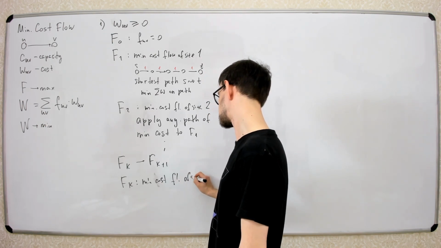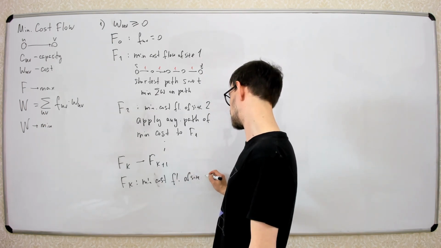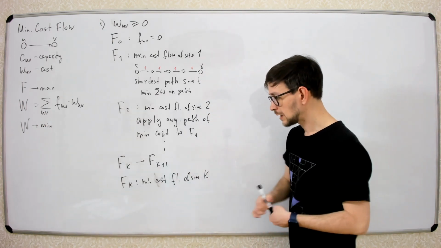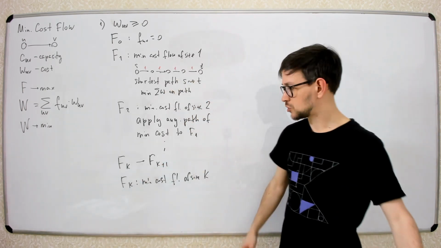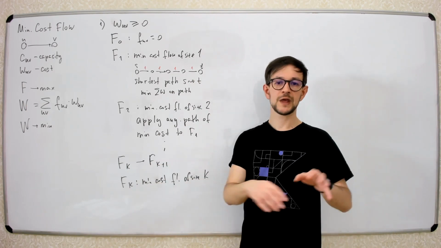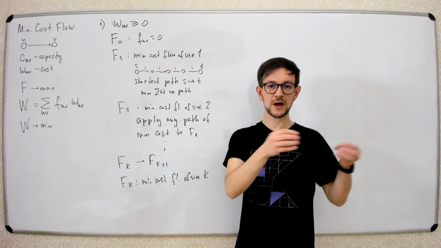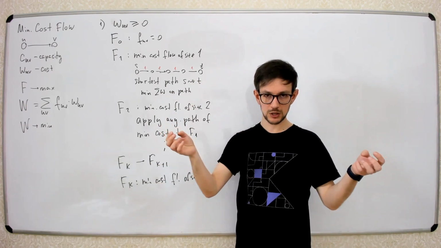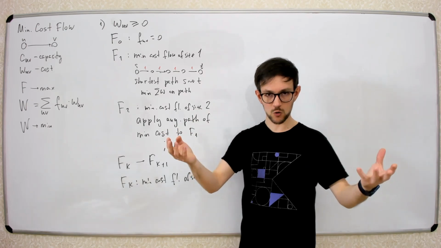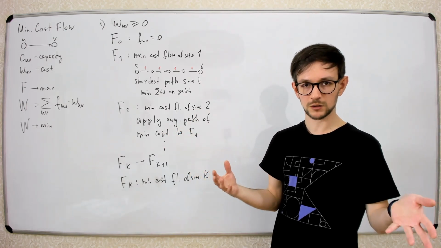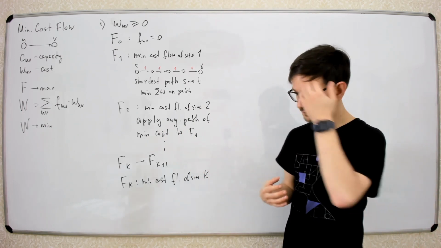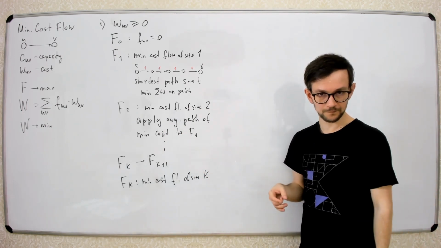So if you want to increase the size of your flow by 1, you just take your current flow, take its residual network, find the shortest path from S to T, then apply this augmenting path and increase your current flow by 1, and so on. Clear enough?